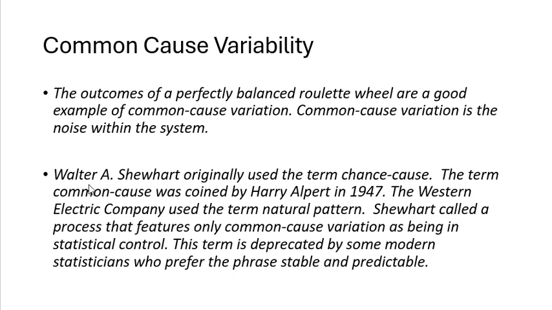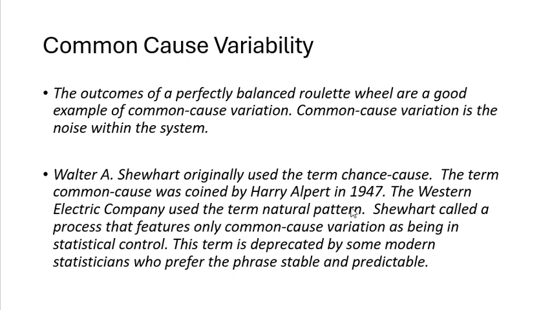Walter Shewhart originally used the term chance cause for common cause variability. The term common cause was actually coined by Harry Alpert in 1947. The Western Electric Company used the term natural pattern.